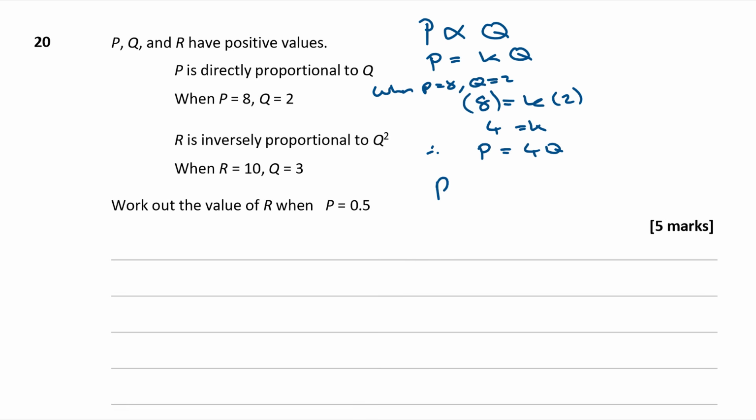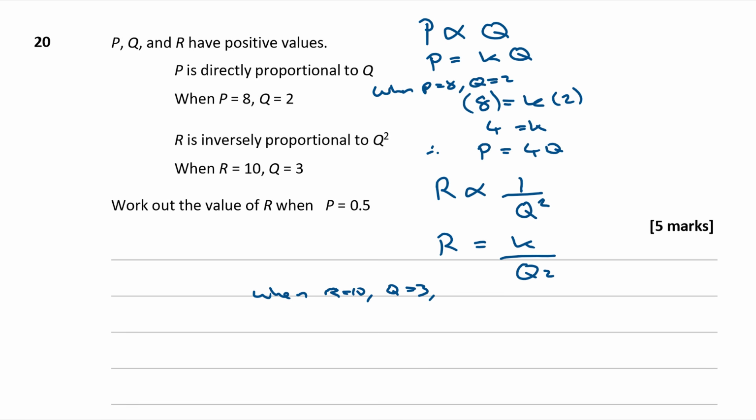We know that R is inversely proportional. That means 1 over the square of Q. So R is proportional to 1 over Q squared. So that means that R is equal to some constant over Q squared. And we know then when R is 10, Q is 3.